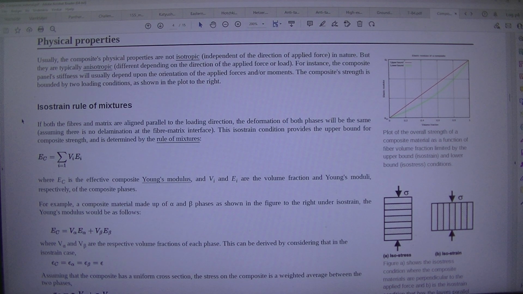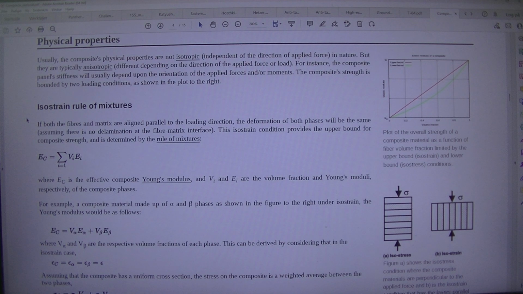But they are typically anisotropic, different depending on the direction of the applied force or load. For instance, the composite panel's stiffness will usually depend upon the orientation of the applied forces and/or moments. The composite's strength is bounded by two loading conditions, as shown in the plot to the right.